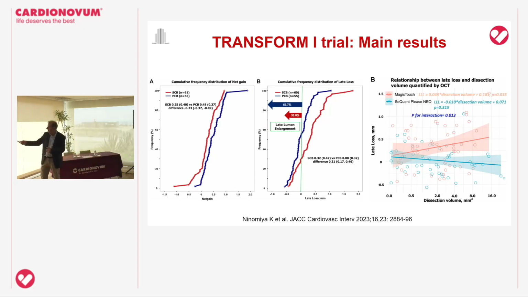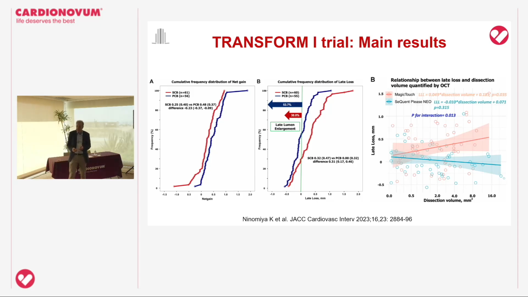You see here the association between the volume of the dissection and late lumen loss. In blue you have Sequent Please, in red Magic Touch. So the larger the dissection was, the lower the late loss was.